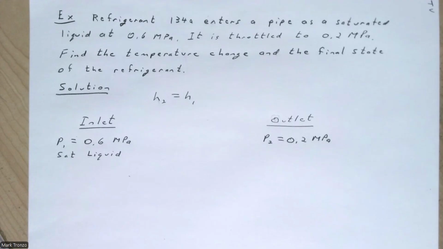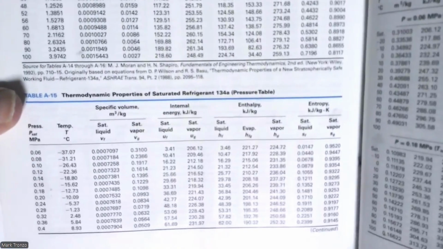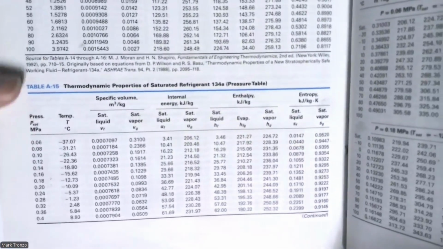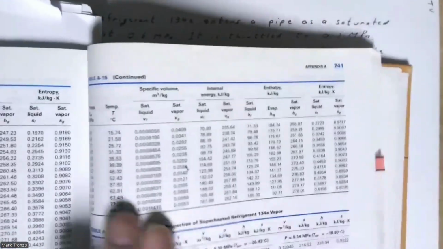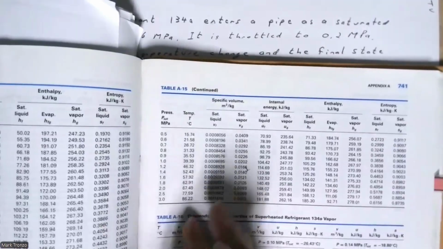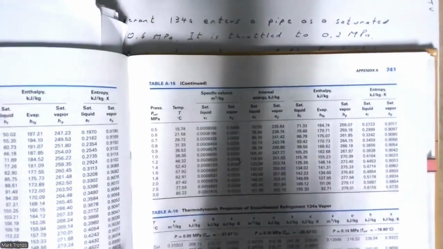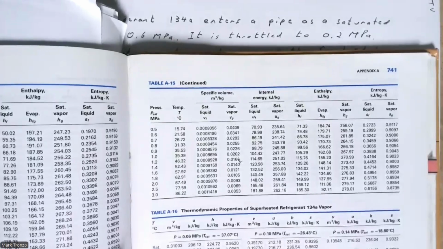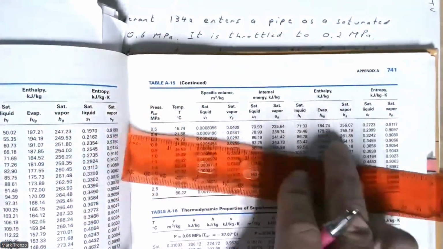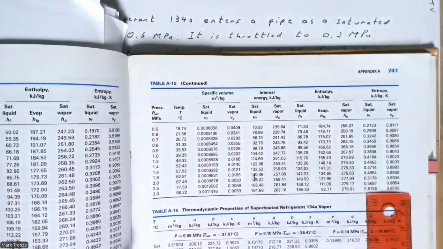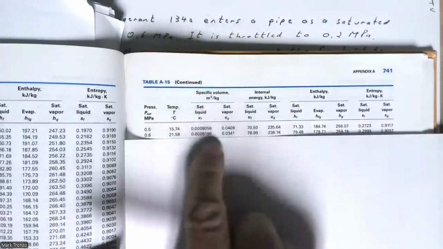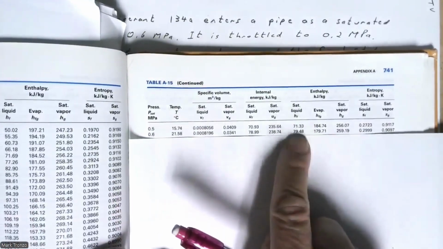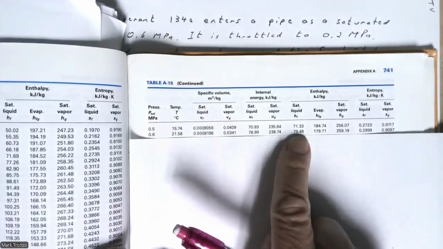In my book, which is Kaminsky and Jensen, the table for refrigerant 134 is table A15. And if we want 0.6 MPa, it's over here. And again, it is saturated liquid.